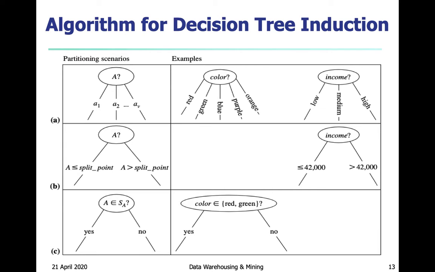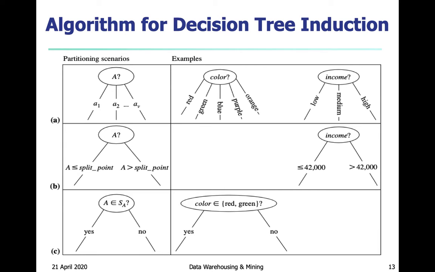This partition Dj is a subset of the class-labeled tuples in D having the value aj of A, because all the tuples in a given partition have the same value for A. Here you can see that depending on the colors, we have partitioned according to the value of the attribute, which means one branch is grown for each known value of A.